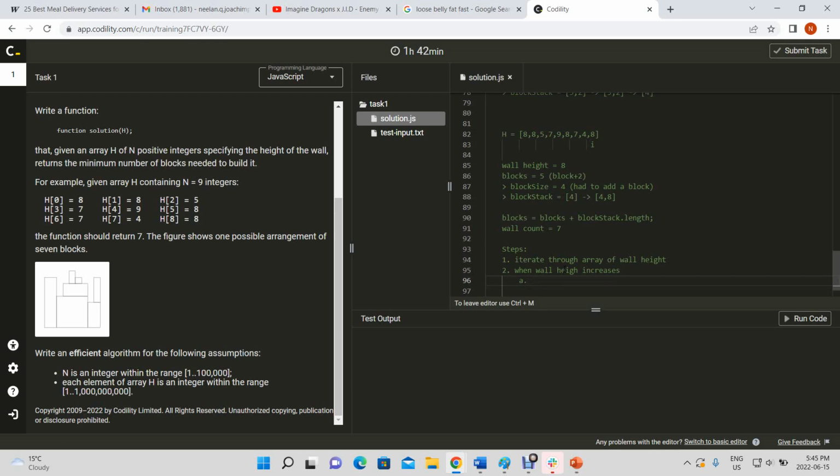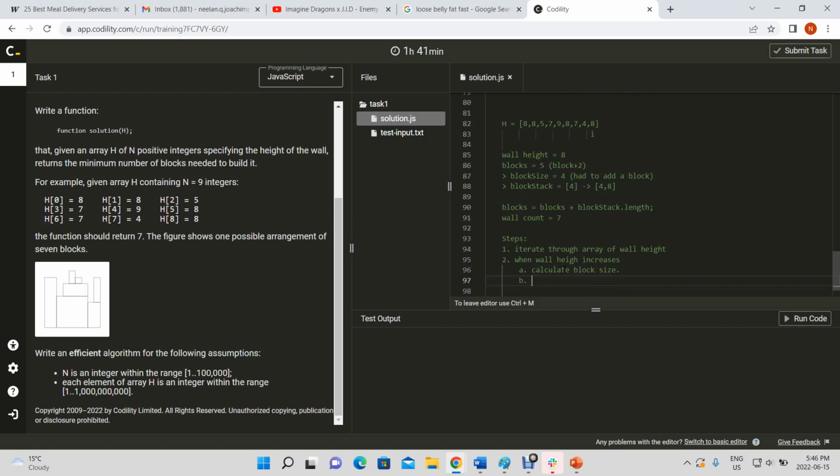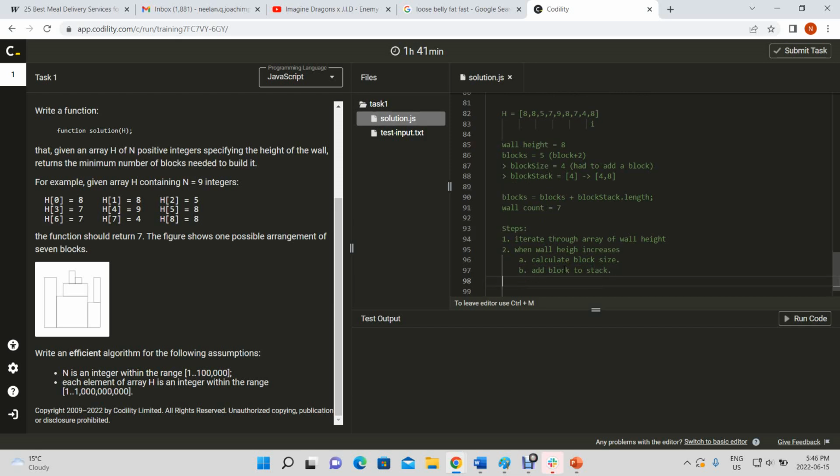We'll have 2 scenarios: when the wall height increases and when the wall height decreases. So those are 2 different calculations we'll have to perform. So when the wall height increases, calculate block size B, add block to stack. Alright, that's our first scenario.